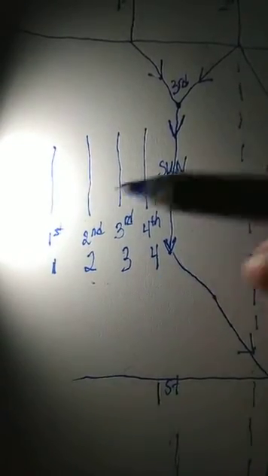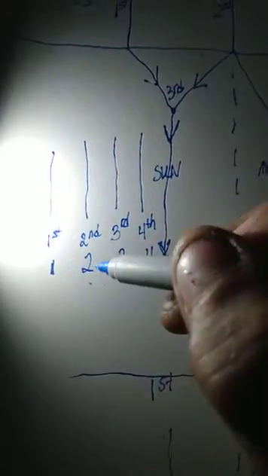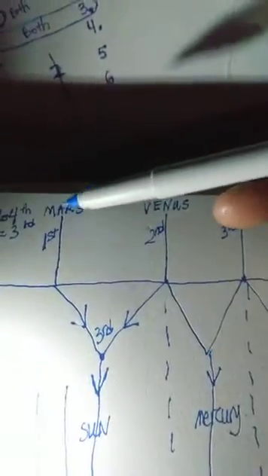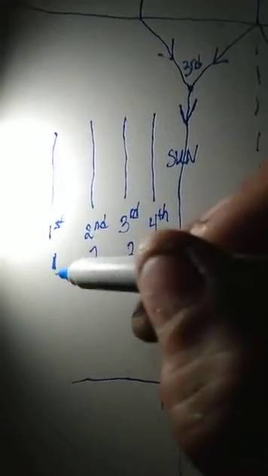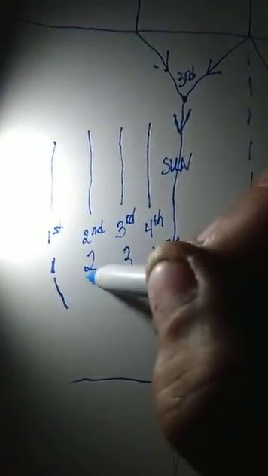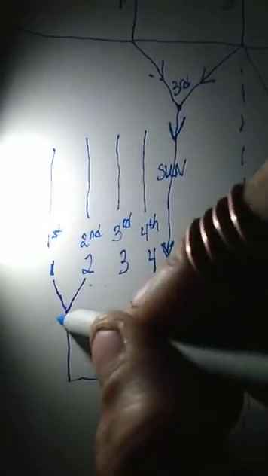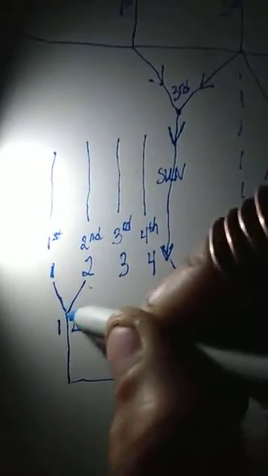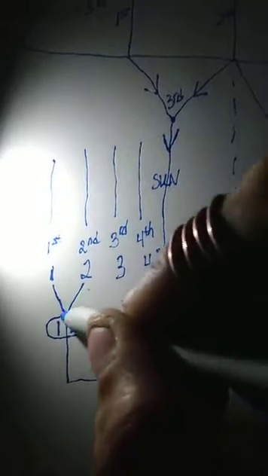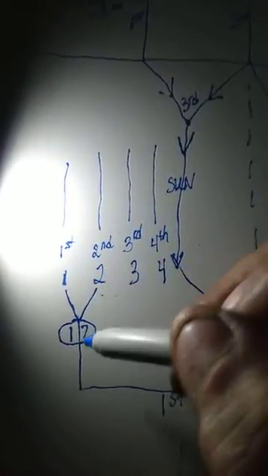Now, I want to show you how this 1 and 2, this is Mars and this is Venus, just like up here. I'm showing you in a more simple version that when the 1 and 2 come together and become one line, it's a 12. So 1 and 2 blended becomes a 12.